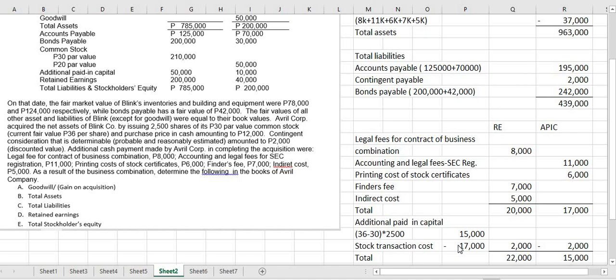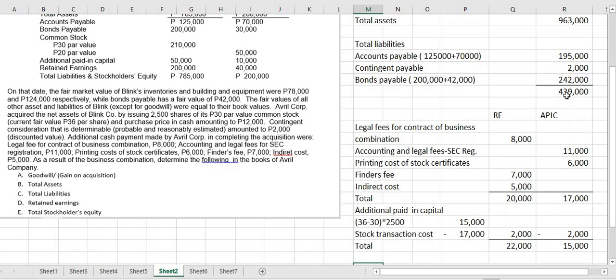So, i-absorb yan ni RE. Therefore, yung excess ng additional paid in capital, and then yung stock transaction cost na incur natin na 17,000, i-absorb siya ni retained earnings. Okay? So, therefore, yung 37,000 na acquisition-related cost, 22,000 related siya to retained earnings and 15,000 related to additional paid in capital.